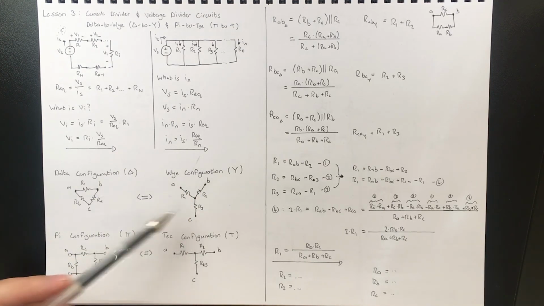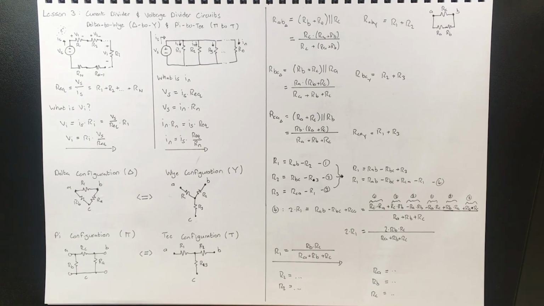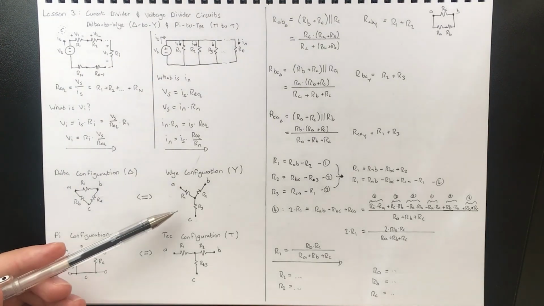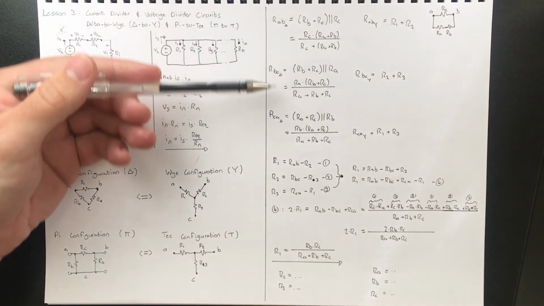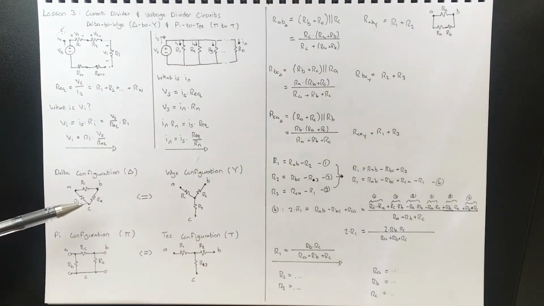And thus, we conclude that they are essentially equivalent when looking from the nodes A, B, or C. What we've done today is the current divider and the voltage divider circuits, and we explained the delta configuration and the Y configuration, and we derived the equation for the transformation between these two configurations.